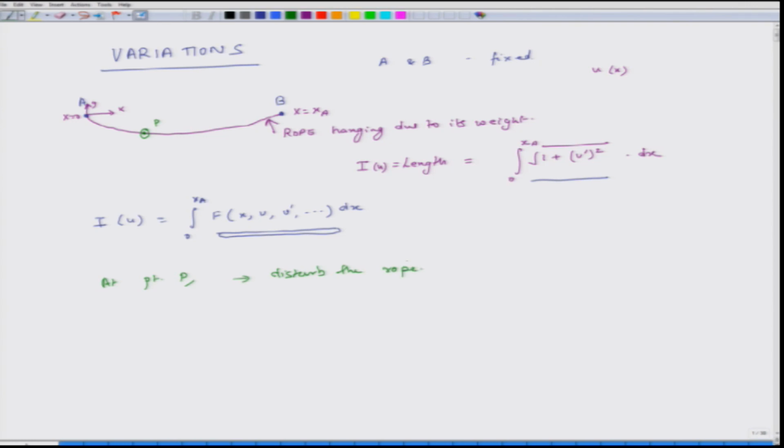Okay, I disturb the rope, and because of that disturbance, initially the deflection was u, and it changed by a small amount, it varied by a small amount. So, the new deflection of the rope is u plus small variation, and I represent that variation as delta u, this Greek letter small delta times u.